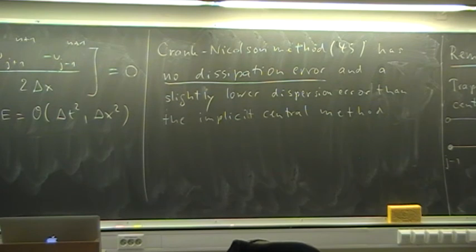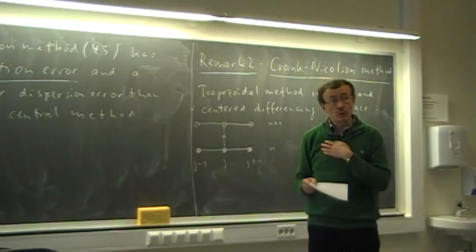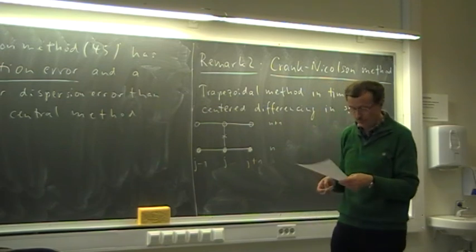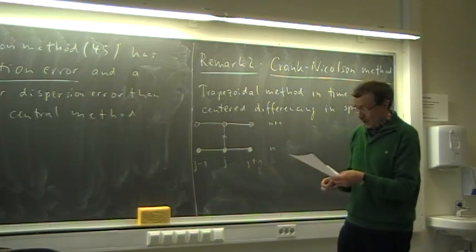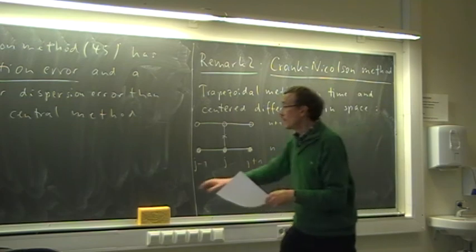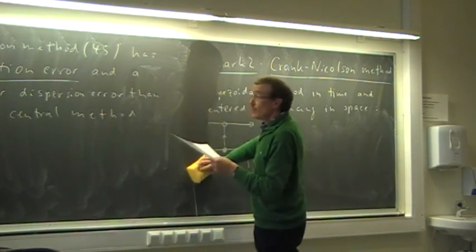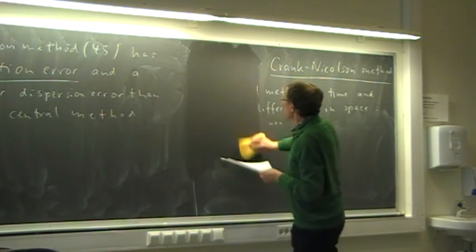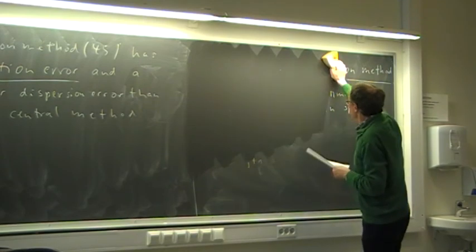So that adds to the computational work. What we get for that is increased stability. For all the implicit methods that we discussed now, we get unconditional stability. Okay, so you can read more on the Crank-Nicholson method in the book.